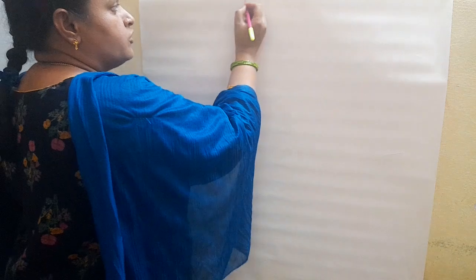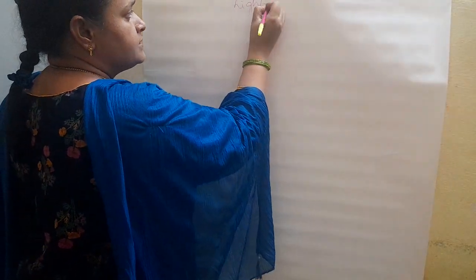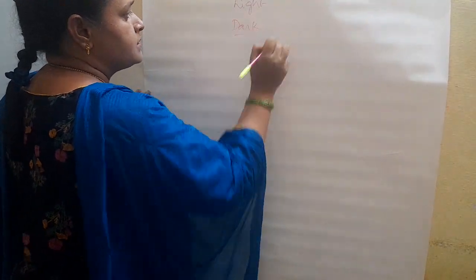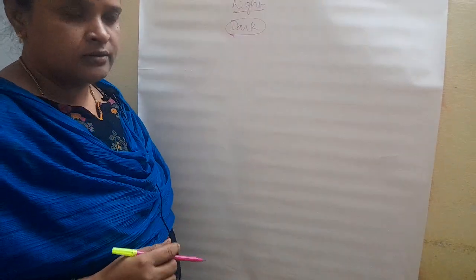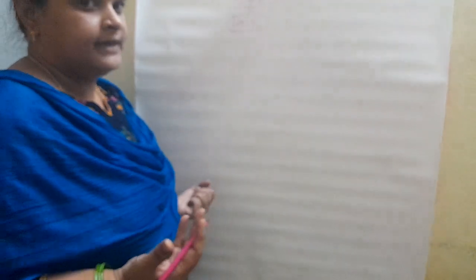There are two phases of photosynthesis: light phase and dark phase. Why is it called light and why is it called dark? It is called light because it occurs in the presence of light, that means it needs light energy.